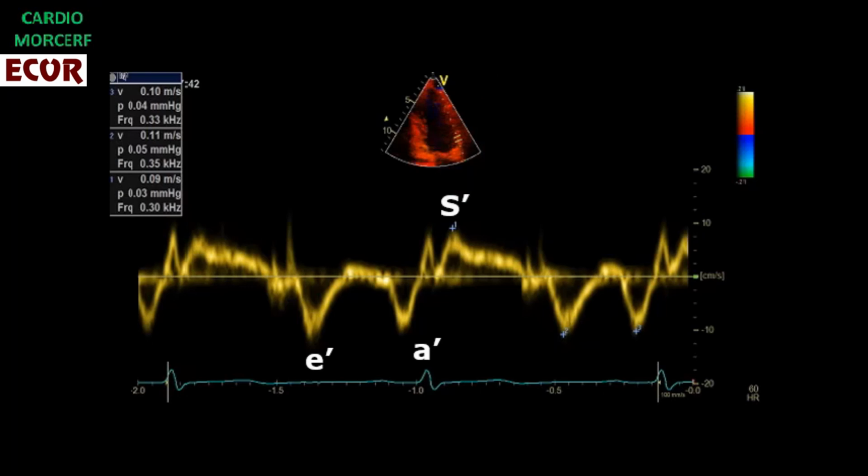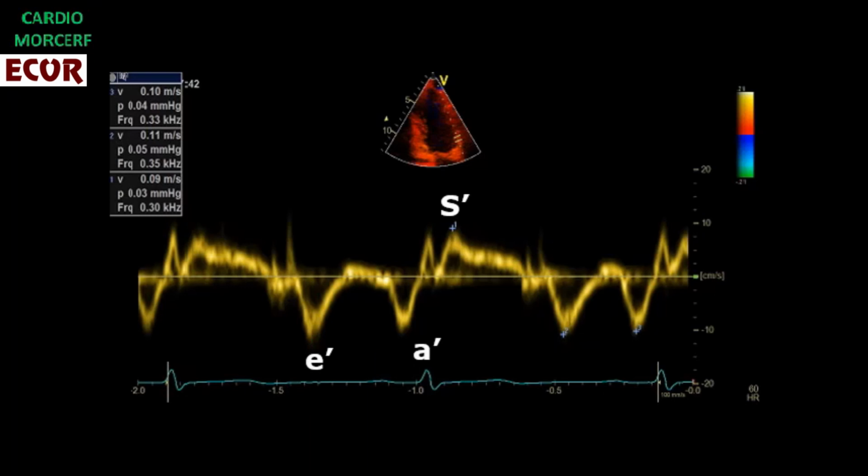It reaches a maximal velocity and then decreases until it stops and begins to return during diastole. This diastolic return brings the annulus back to where it was before in two negative waves, the E' during the initial relaxation of the left ventricle and the A' during atrial contraction.